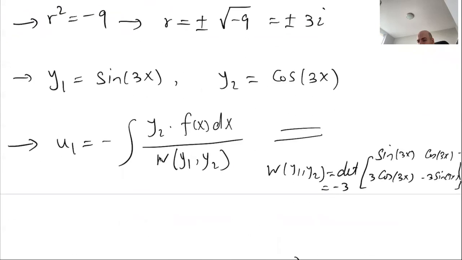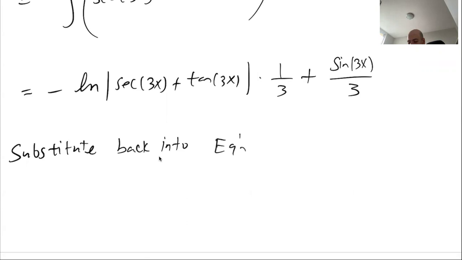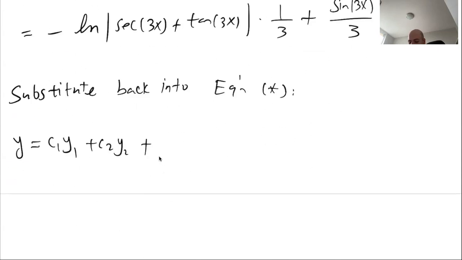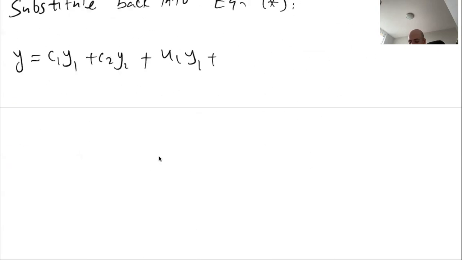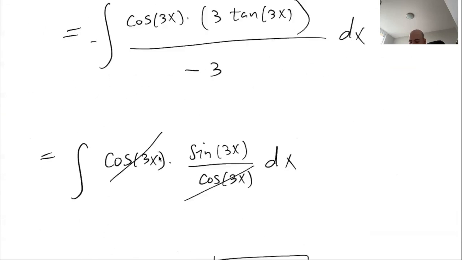So I will have to substitute back into the equation star. Then we'll have y equals c1 y1 plus c2 y2 plus u1 y1 plus u2 y2. Now y1 is sine 3x, y2 is cos 3x.